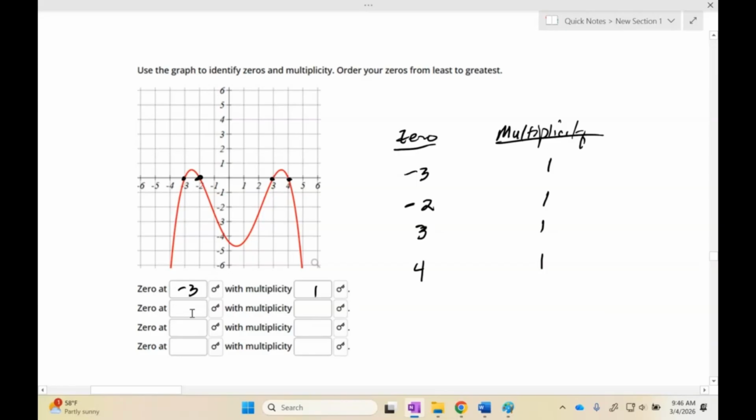We have a 0 at -2. It has a multiplicity of 1. 3 has a multiplicity of 1, and then 4 has a multiplicity of 1. So pretty much like the table method, it's just looking at a graph. Are there any questions about this? I would hate for you to miss this on the test.